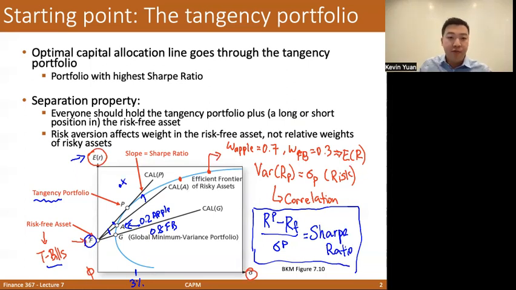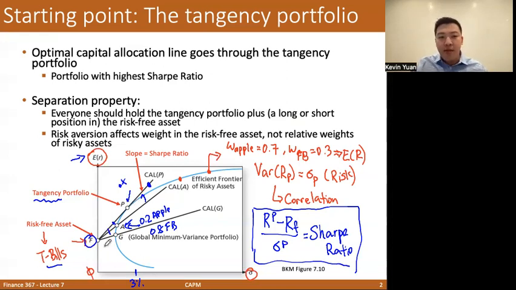If you think about a hedge fund, maybe a hedge fund wants to be all the way out here. In other words, they're over-leveraging and have more of the tangency portfolio than is afforded to them, so they're going to borrow at the risk-free rate and go over to this point. Or let's say they want 100% of their assets in the tangency portfolio. Or you have a very risk-averse investor who wants more of the risk-free rate.